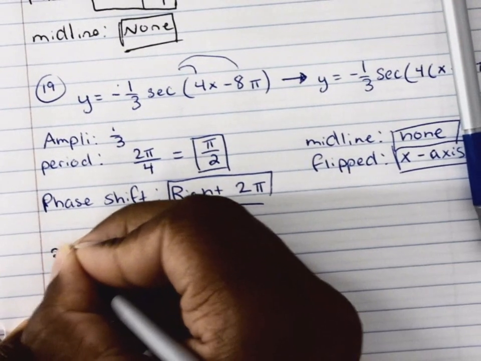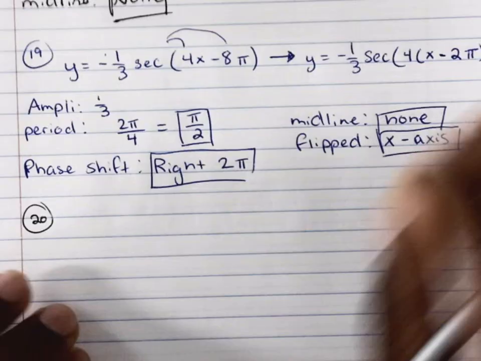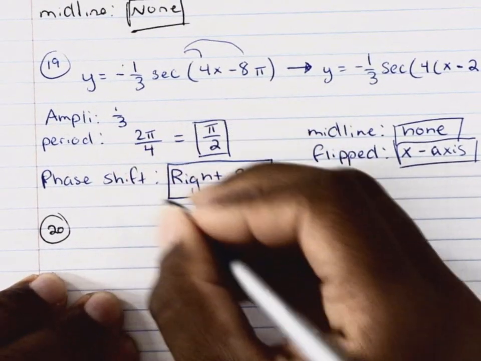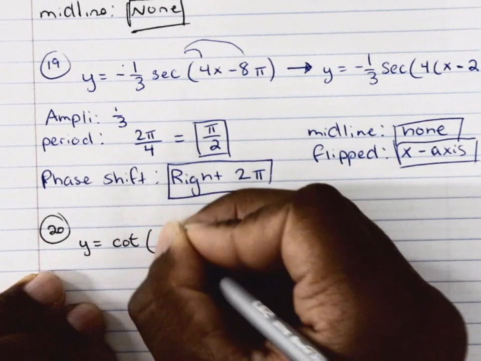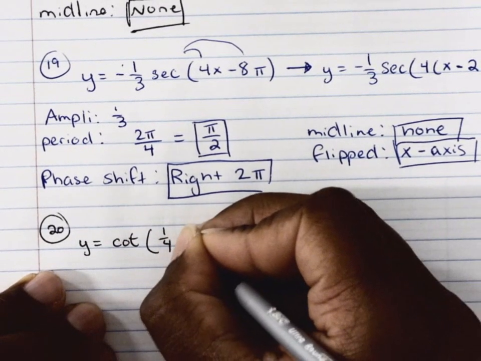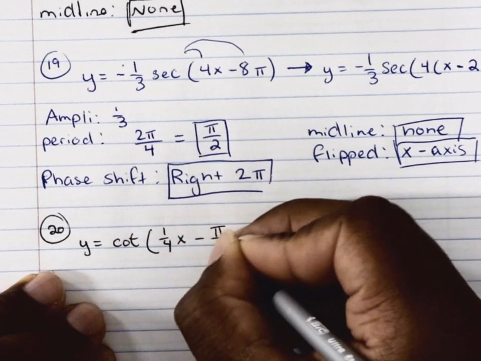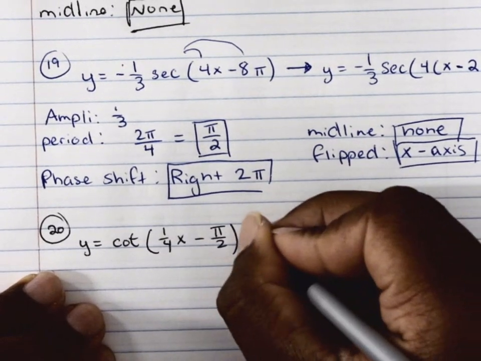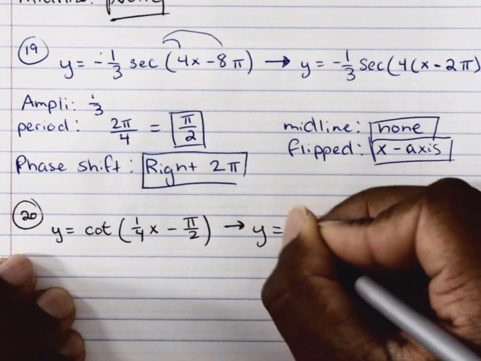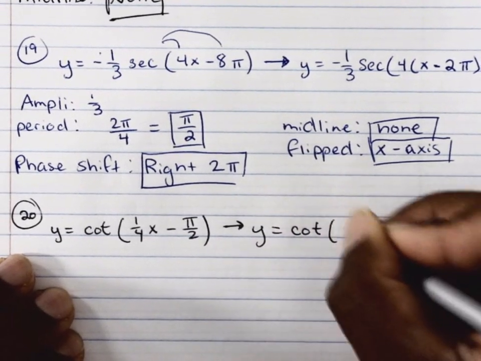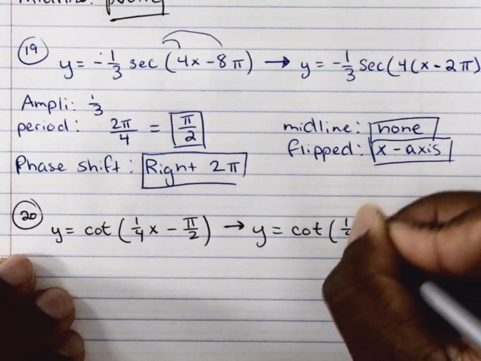All right, 20. Y equals cotangent 1/4x minus pi over 2. To get it in standard form, we get y equals cotangent. I factor out 1/4.